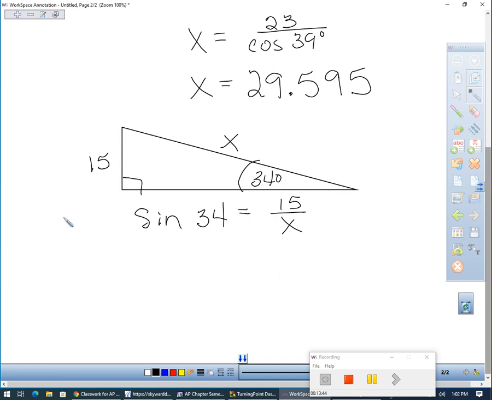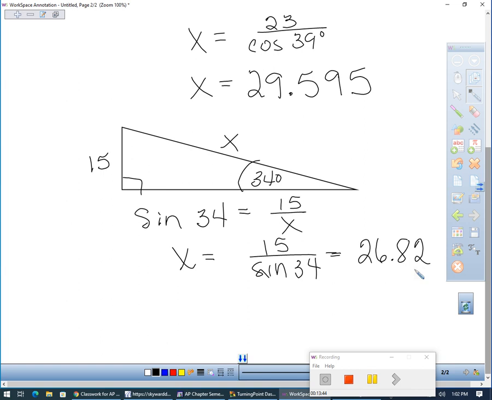And technically you'd multiply by x and then divide by the sine of 34. Or x equals 15 over sine 34, which equals, anybody got any ideas? 26.82? All right. So those seem pretty easy, right?